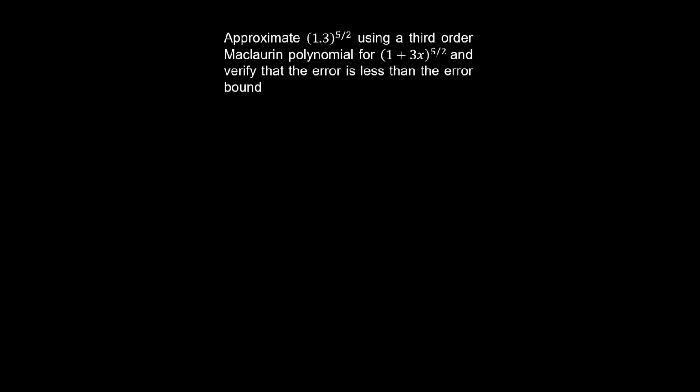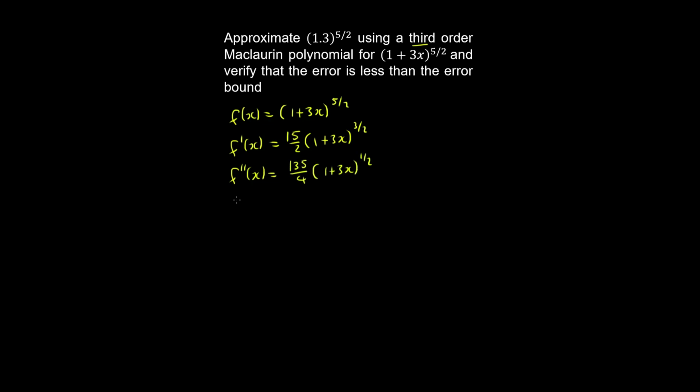Approximate 1.3 to the 512 using a third order Maclaurin polynomial for the following function and verify that the error is less than the error bound. So this is our function, and differentiating it 3 times, and evaluating these at x equals a equals 0.